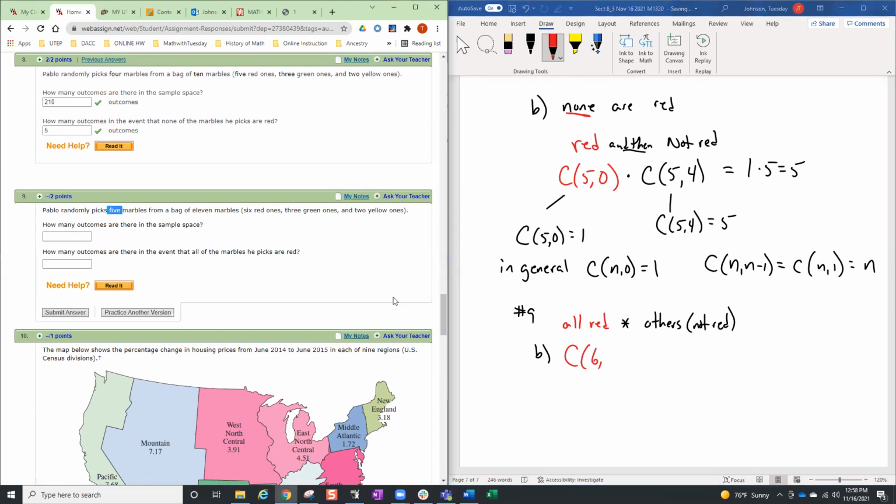We want to pick 5, and we want all of them to be red. And once we've handled the red, we have to take care of the not red ones. There's a total of 11 marbles. 3 and 2, so 5 of them are not red. We're picking 5. We want them all to be red. We want no other colors. So this one also turns out to be fairly straightforward.